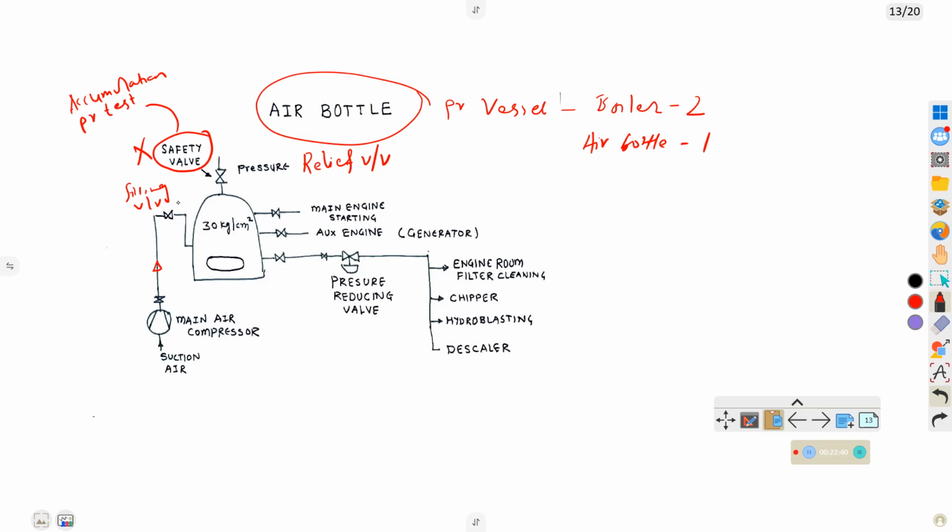You have to open the filling valve, then start the main air compressor. Otherwise, if this is kept closed, what will happen? This line will get pressurized and it will burst.